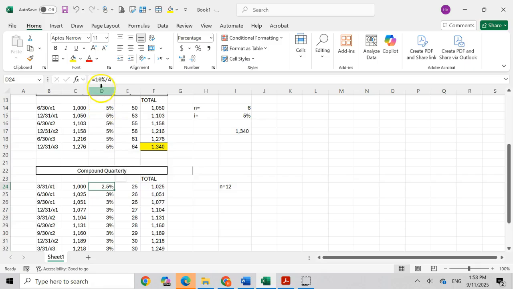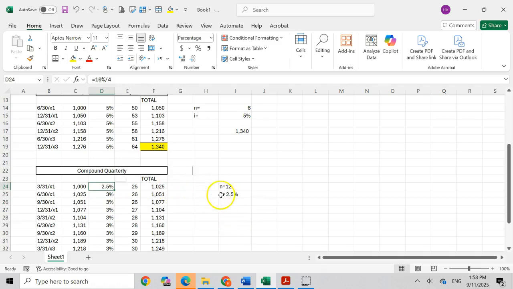Actually we use a 10% annual interest and we divide by 4 because we compound 4 times a year. And so that actually gives me 2.5%. So my little i equals 2.5%. It's just that I didn't extend the decimal enough, so it looked like 3%, but it's actually 2.5 when I put it in the formula.